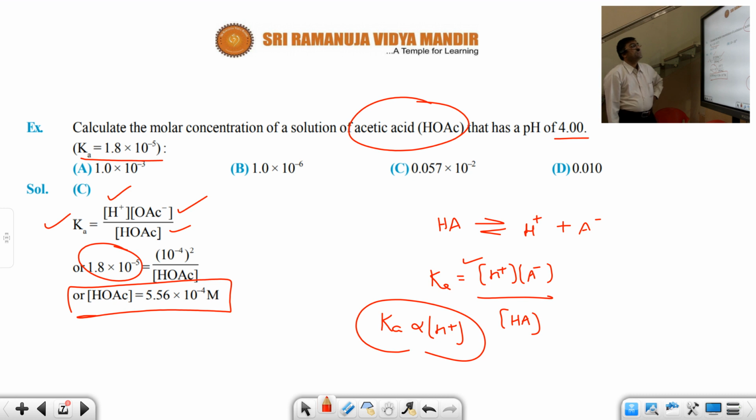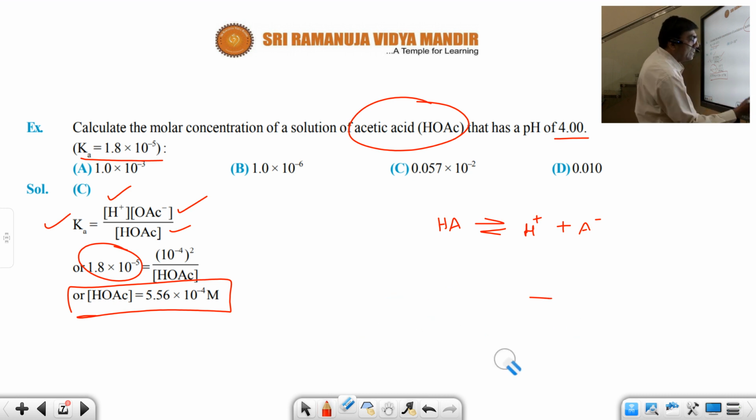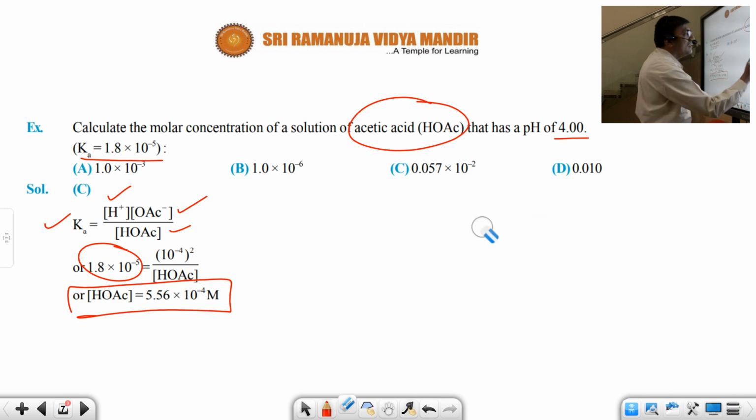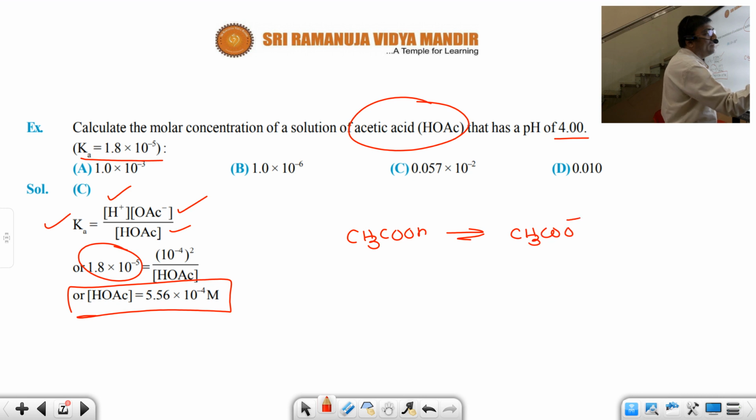So here we calculate the molar concentration of the solution of acetic acid. Have a look here, students. Here pH is given. Let us take the acetic acid dissociation and understand. Acetic acid, CH3COOH, is in equilibrium with CH3COO minus plus H plus.